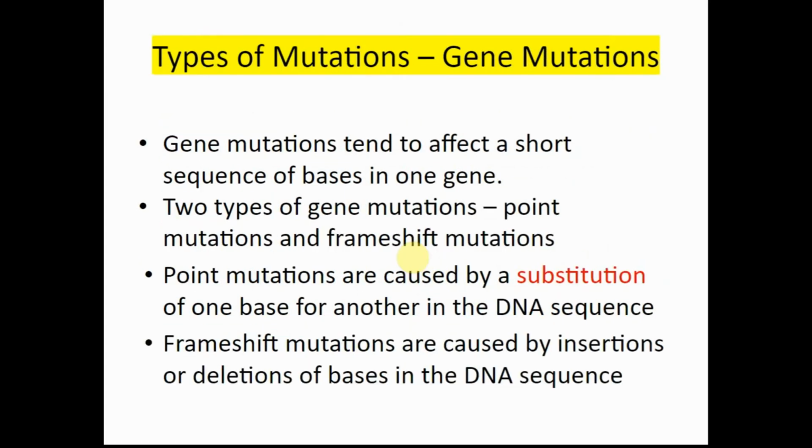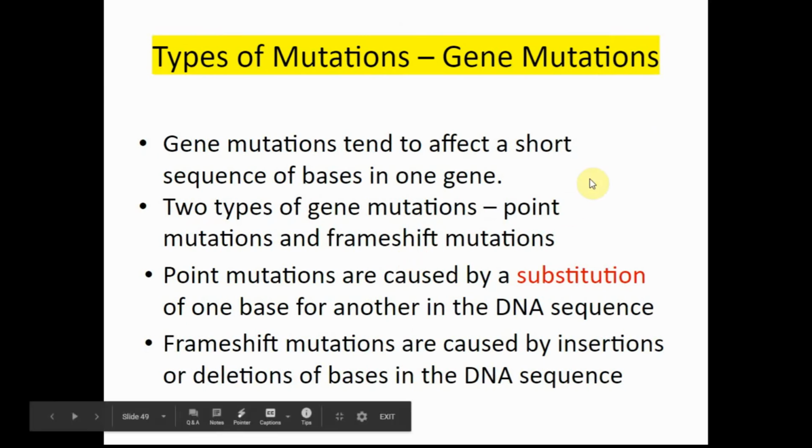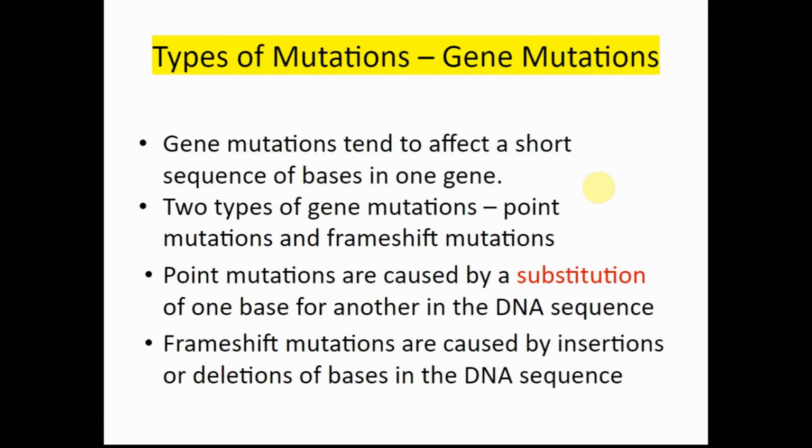Now we're going to look at the different categories of mutations, the first being gene mutations, and that either affects just one base or a short sequence of bases within a single gene. And we can further classify gene mutations into point mutations and frameshift mutations.